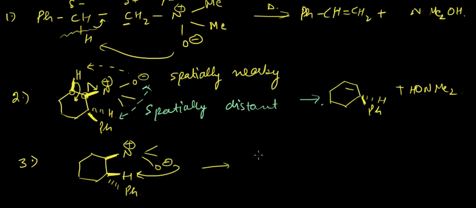I hope you can imagine the structure in your mind. So then what will happen is a double bond will exist between this carbon atom and this carbon atom, and NMe2O would be leaving the ring. So we have something like OH and Me2N as the leaving group.